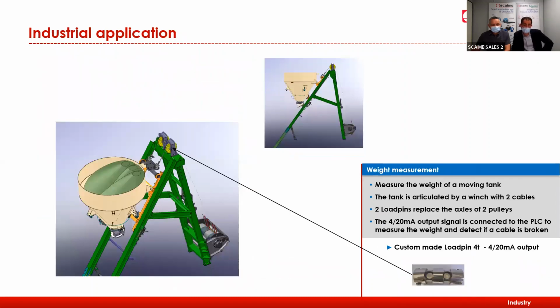Another industrial application, this time related to weighing, to weight measurement. In these systems, we have used 2 load pins on the pulley that you can see at the top of the structure to measure the tension applied to the cable and to get the corresponding weight into the tank.